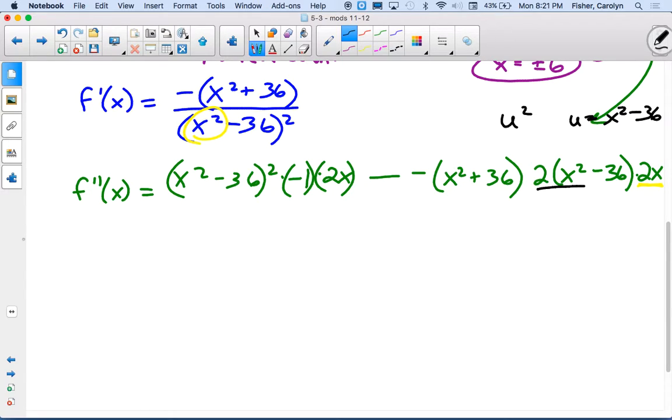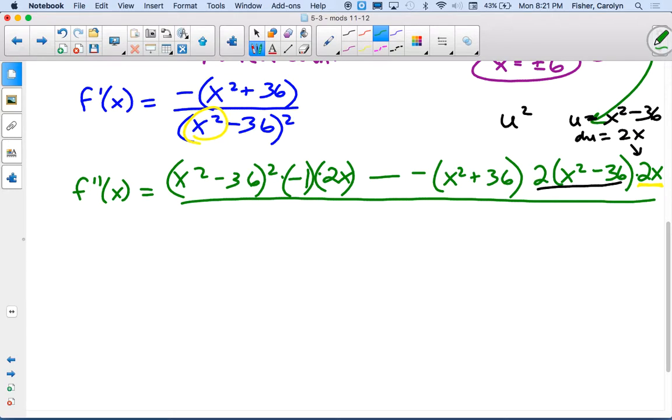So you've got 2u right here times the derivative of u, which is 2x. Okay, denominator squared. I've got to remember I'm doing quotient rule here, and I've got to do it all over denominator squared, which is x squared minus 36 squared and squared again, because the original squared was there. Wow, that is a lovely derivative.